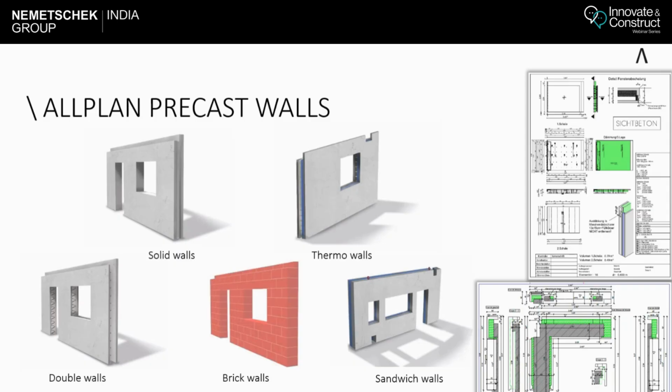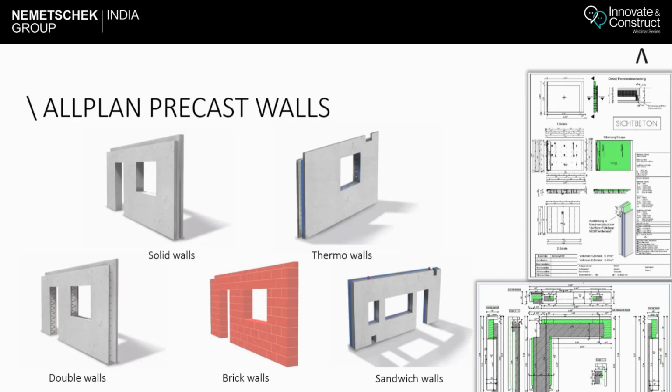Moving on to the next part, in precast we mainly have hollow cores or slabs, as well as walls. So the second important element in the precast segment is walls. We have nearly all the different varieties of walls. In most cases it's a solid wall, maybe 150 mm to 300 mm thickness based on the design.